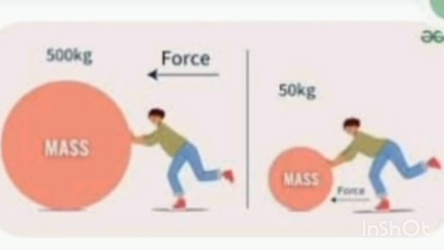Therefore, if you compare the acceleration of both men, the man pushing 50 kg will accelerate faster than the man pushing 500 kg, due to the mass of the two bodies.